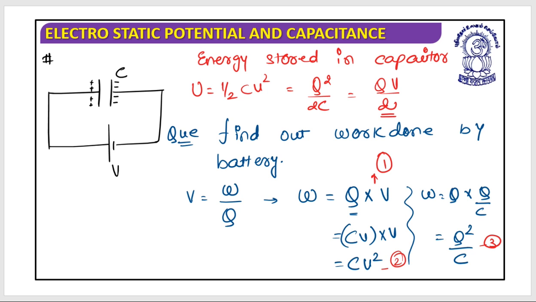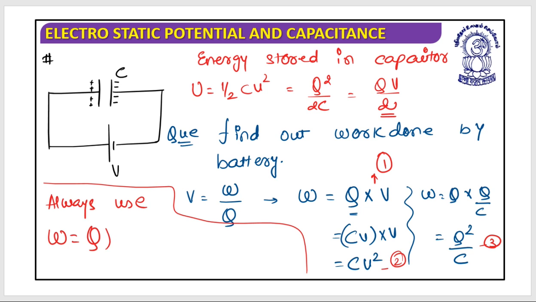I can write work done by battery as Q into V, work done by battery as CV square, and work done by the battery as Q square by C. But I will recommend that you should always use work done equals charge on capacitor multiplied by potential difference across capacitor.